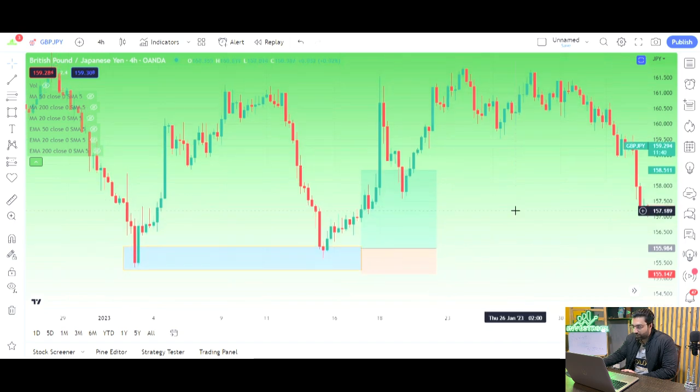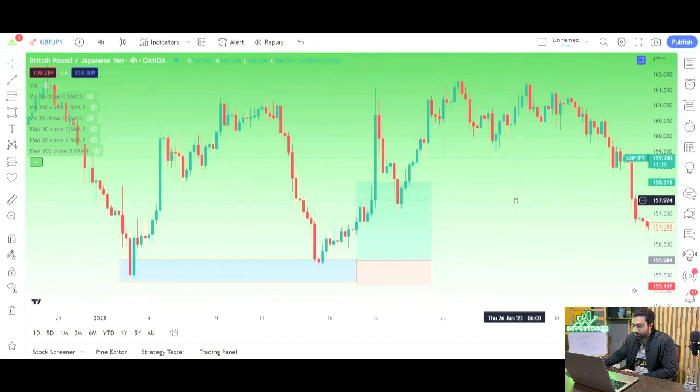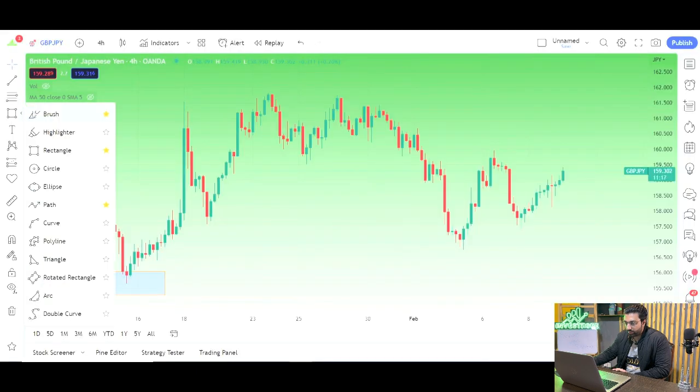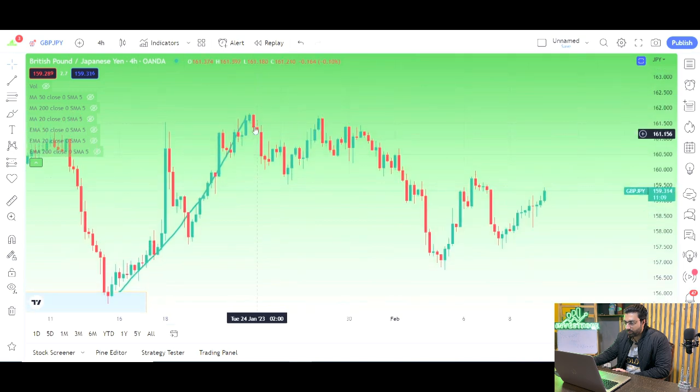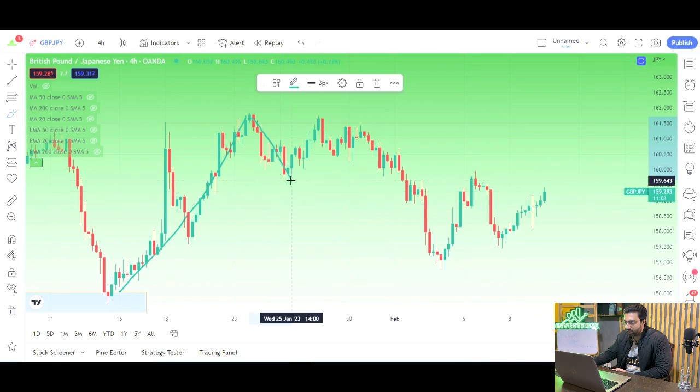So now we will find our resistance levels. Here you can see the market was going up from its previous support. The market got a little pushback because the sellers activated, and the market also needs some correction.